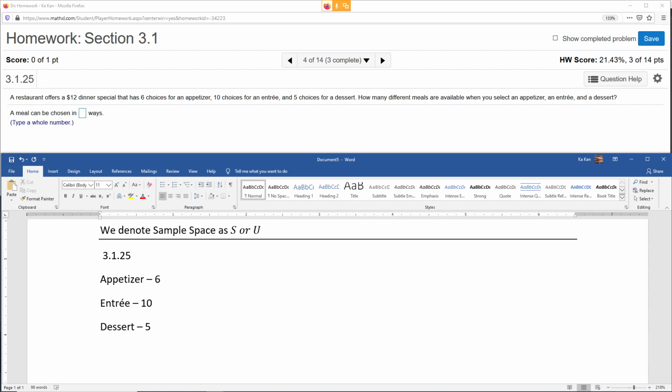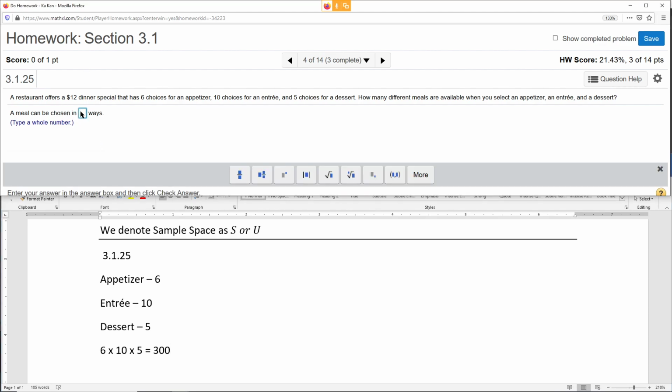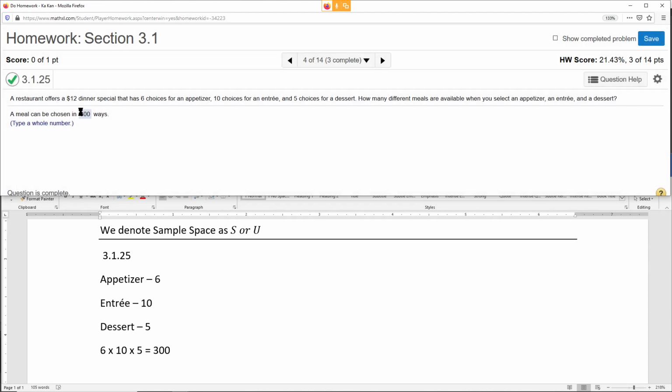All you gotta do is this: 6 times 10 times 5. You have 6 choices for appetizer, each one can have 10, and then 5. So you branch out those choices, and you get 300 different combinations for this meal. So not too bad.